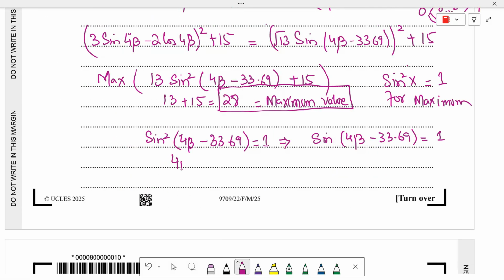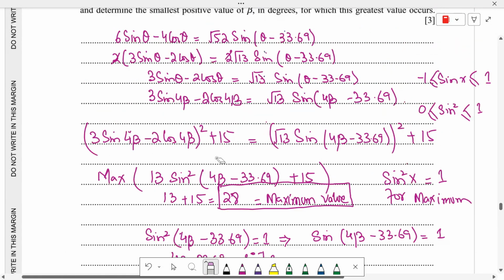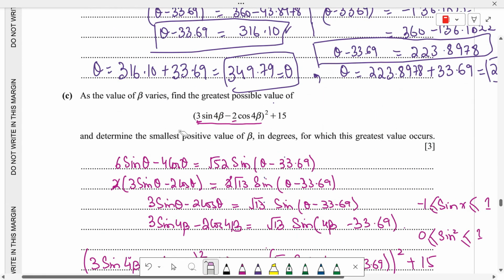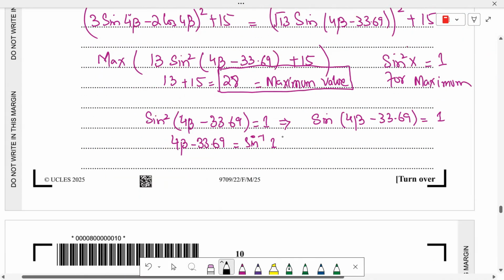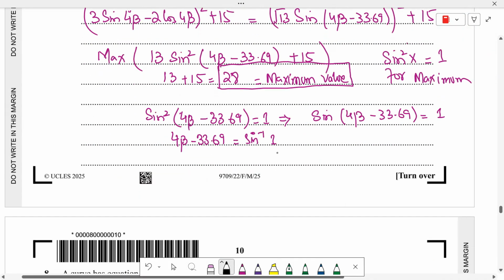So 4 beta minus 33.69 is equal to sine inverse of 1. Now we need to find the smallest possible value of beta in degrees. So the smallest value of sine inverse of 1 is 90 degrees.